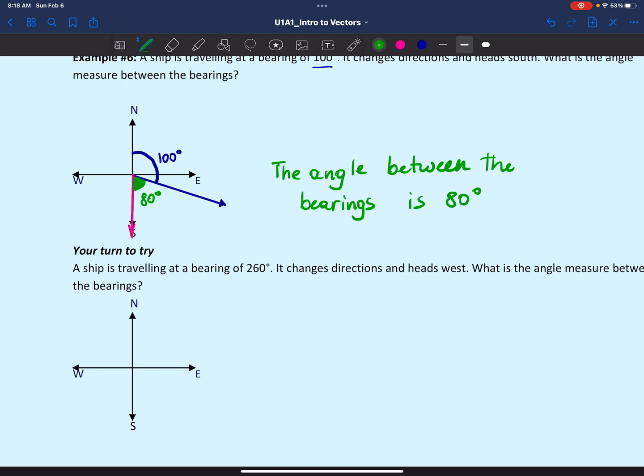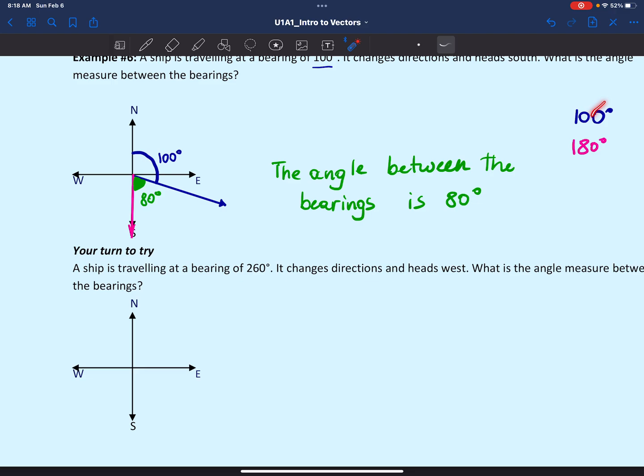Now, another thing I would like you to think of is this. If the object is moving south, it means that the bearing must be 180 degrees. So when you move south, right? Now, the first bearing was 100 degrees.